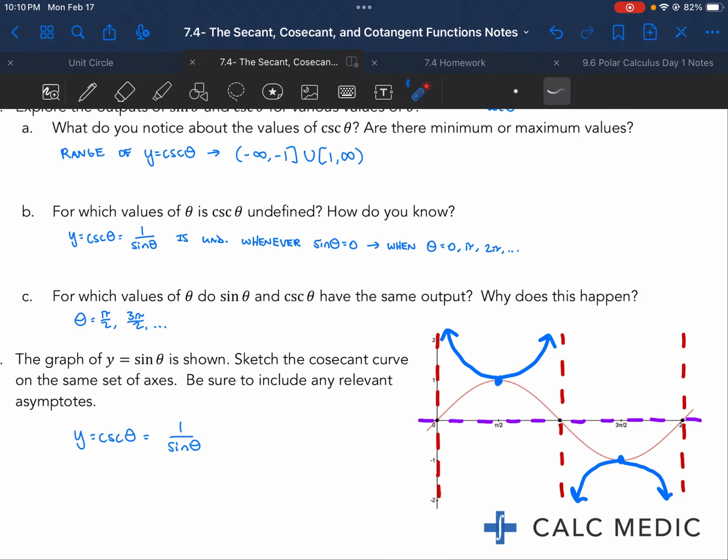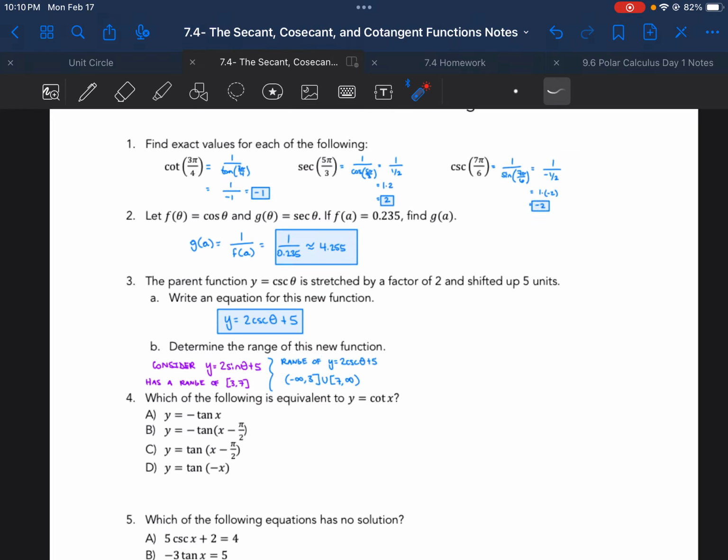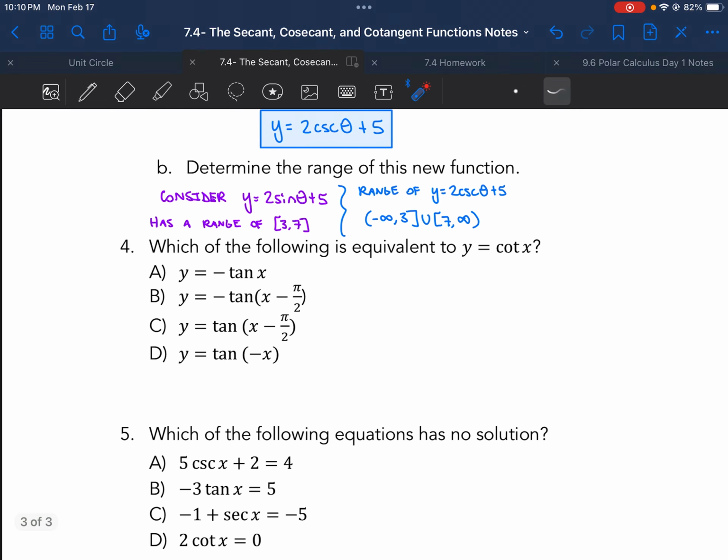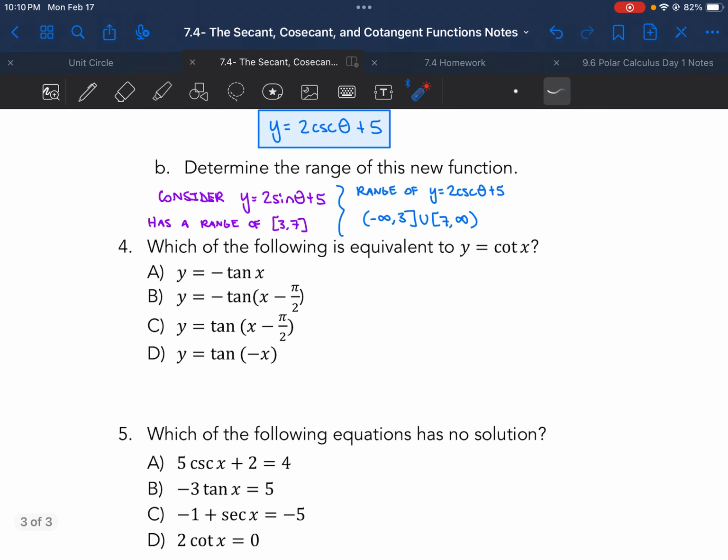You know, when we did the parent graph for cosecant, notice that for sine, the range was -1 to 1. For cosecant, the range was everything outside of sine's range. Same thing's happening right here. Right. Number 4. Which of the following is equivalent to y equals cotangent of x? So remember, there's a really quick one to spot here.